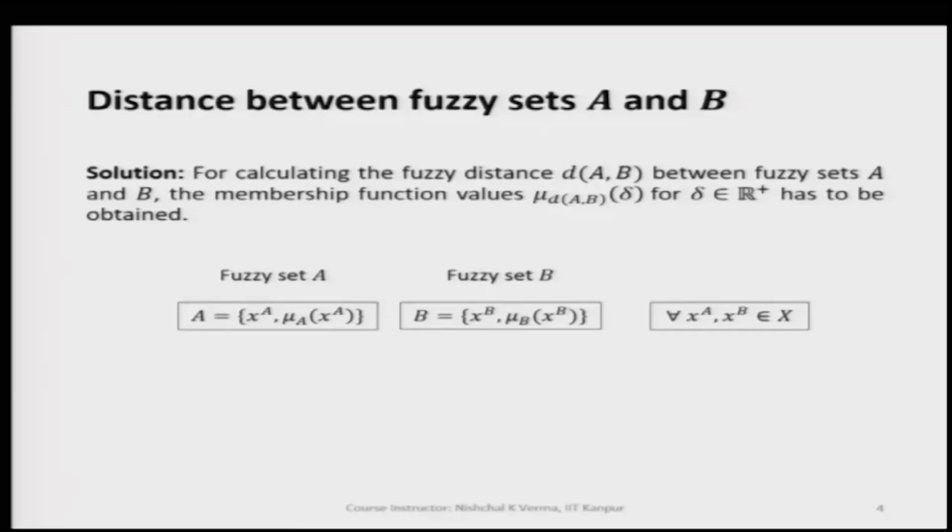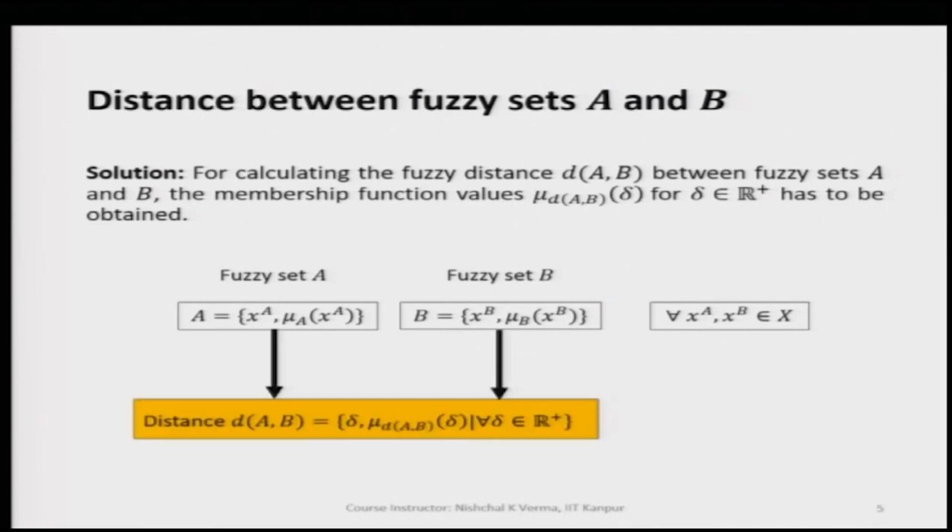So, let us now go to the solution. For computing the fuzzy distance of these two discrete fuzzy sets A and B, we first need to find the delta, and let us see how we can manage to find the delta in each and every case.